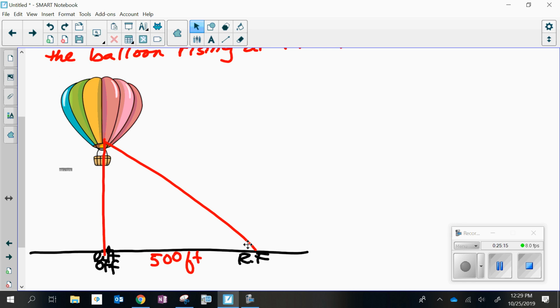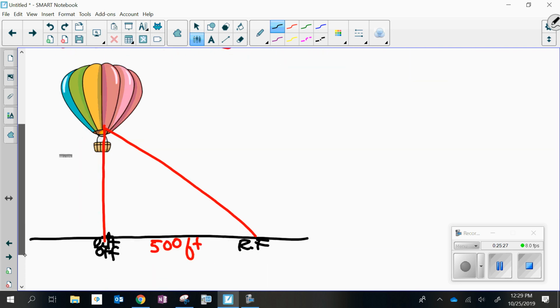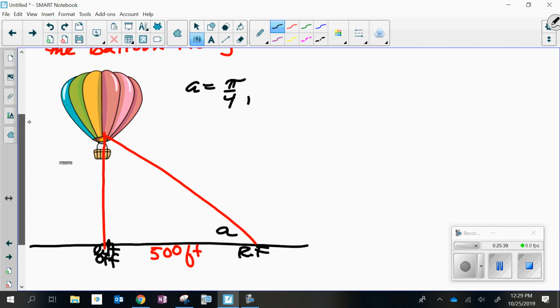Okay, so what do I know? The angle of elevation is at a moment, so what am I going to call your angle? We'll call this A. When A is pi over 4, what are we looking for?